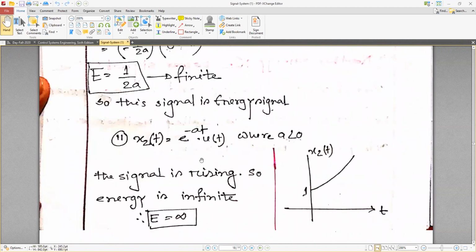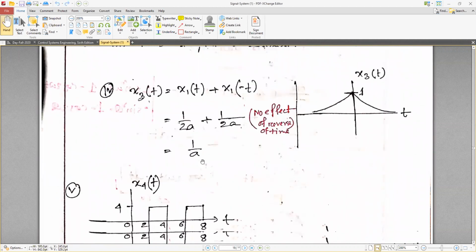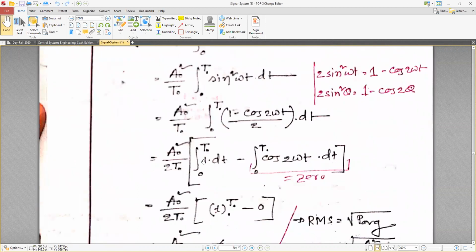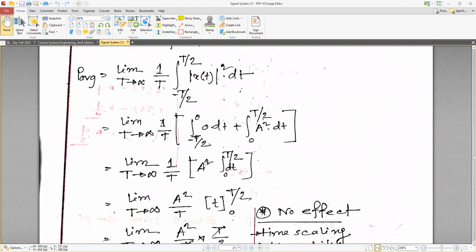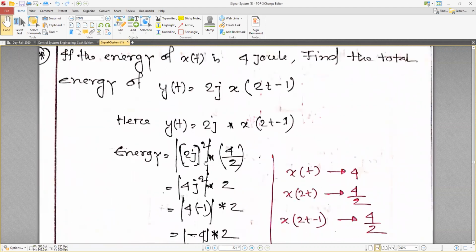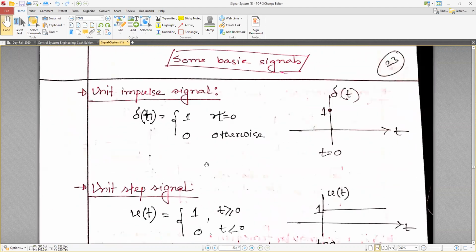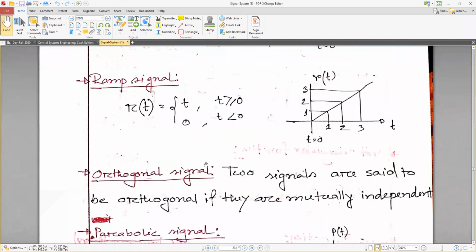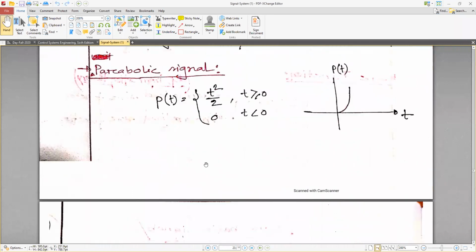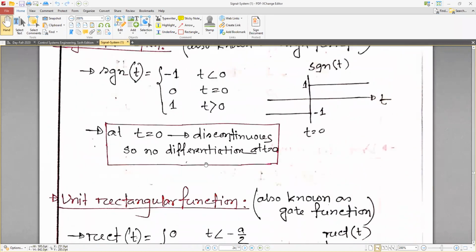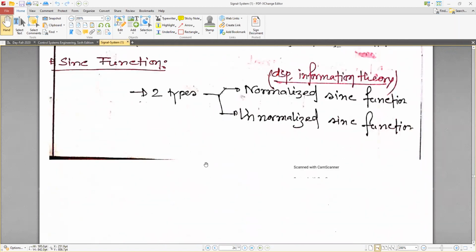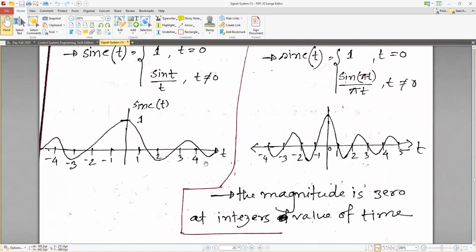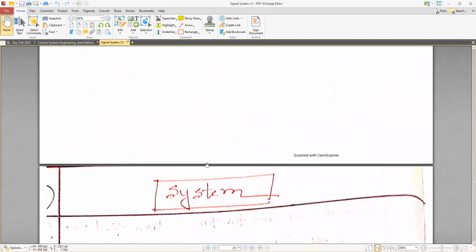Energy and average power as well as the RMS value. And we have seen some basic signals like unit impulse signal, unit step signal, ramp signal, parabolic signal, signum function, unit rectangular function, unit triangular function, sinc function, and unnormalized as well as normalized functions.